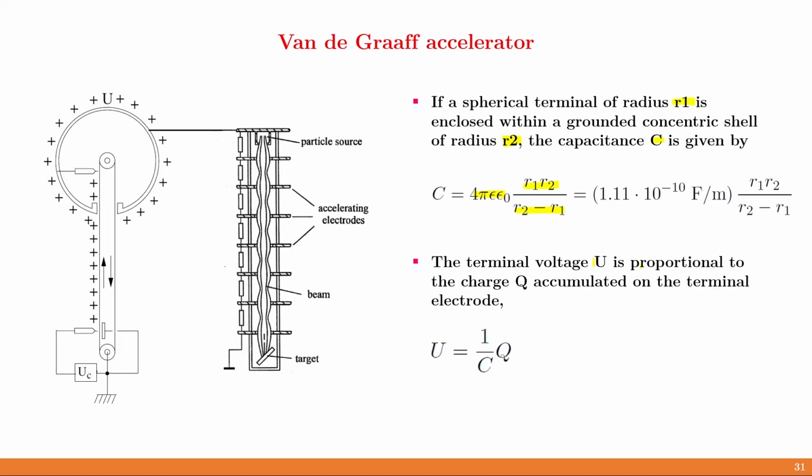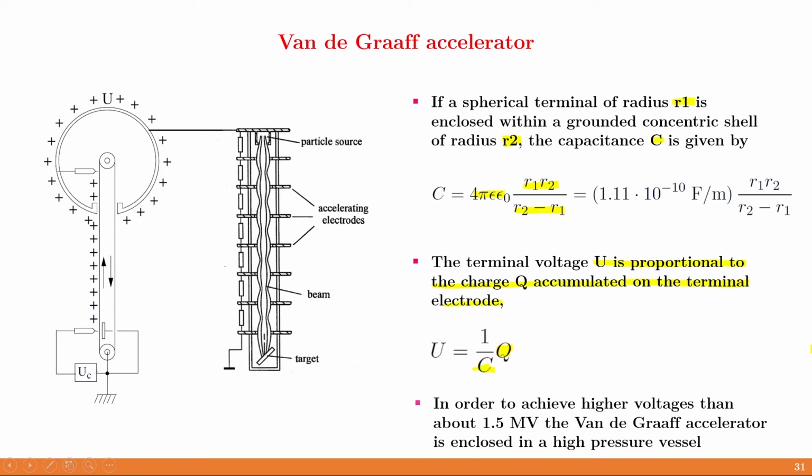The terminal voltage U is proportional to the charge Q accumulated on the terminal electrode, and this is given by Q over C. In order to achieve voltages higher than about 1.5 MV, the Van de Graaff accelerator is enclosed in a high pressure vessel.